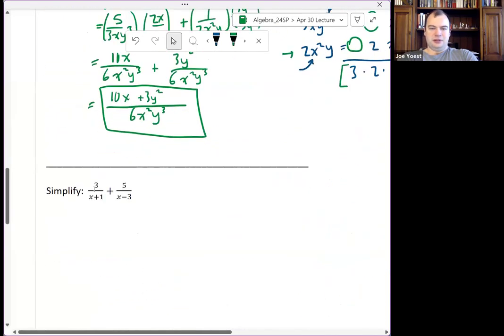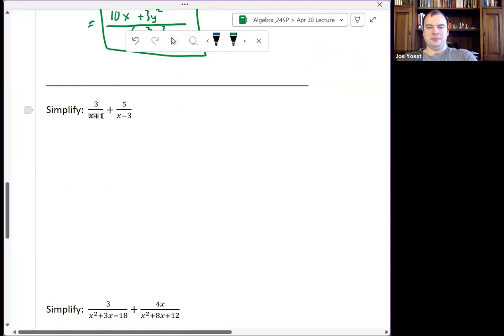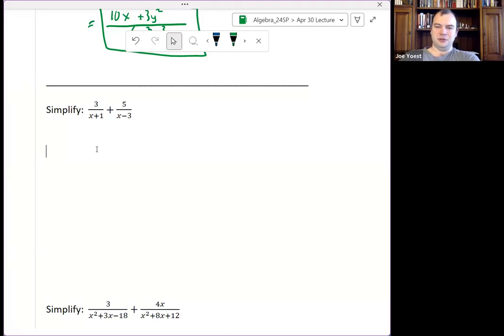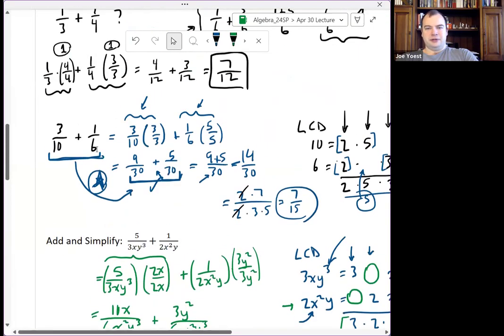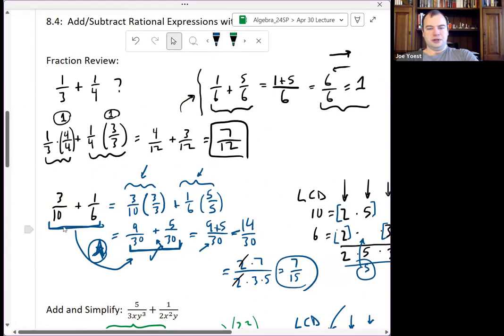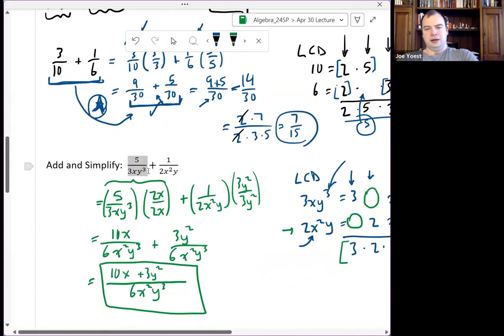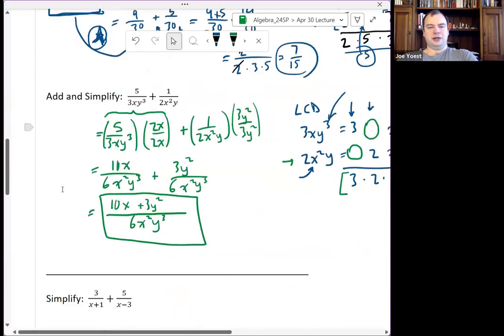What is different about this one? Well, what's different about this one is that I have a binomial in the denominator. I have the sum or difference of two terms in each of the denominators, rather than having just a single number or a monomial, a single term in the denominator.